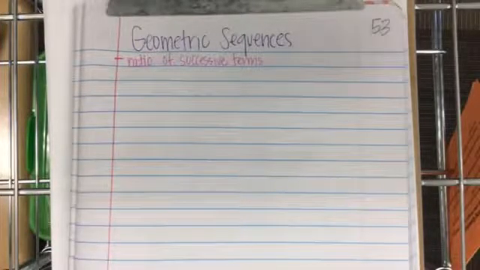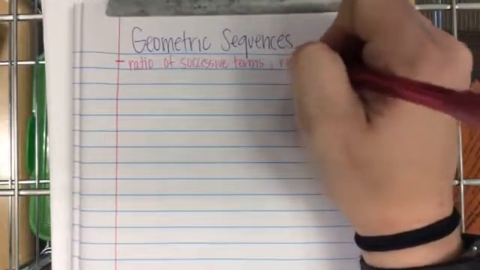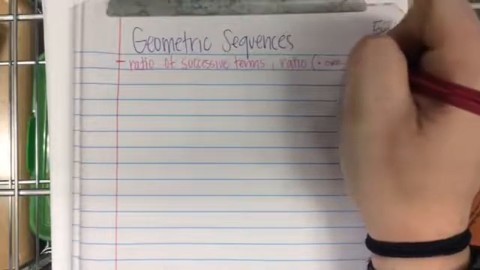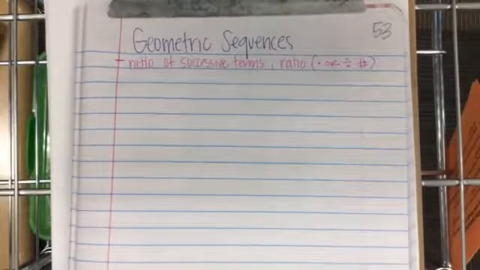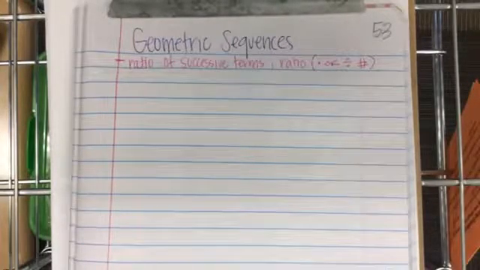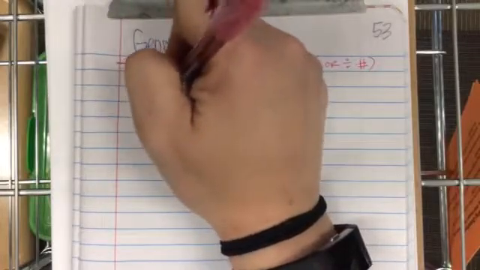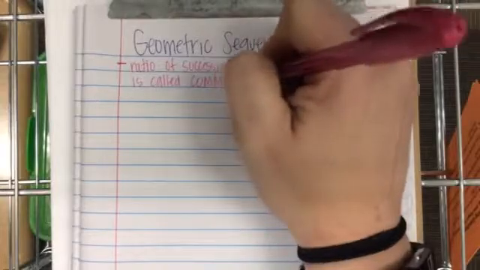The ratio, meaning the multiply or divide number, the patterning, is called the common ratio.